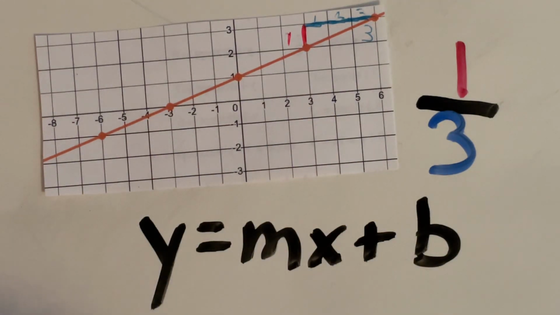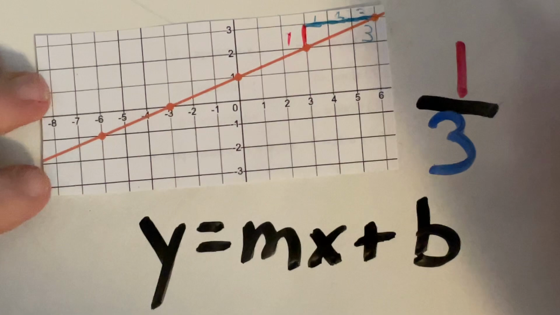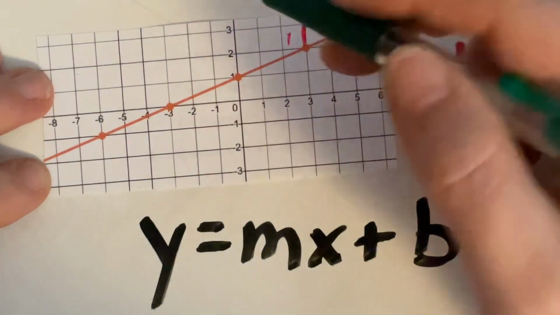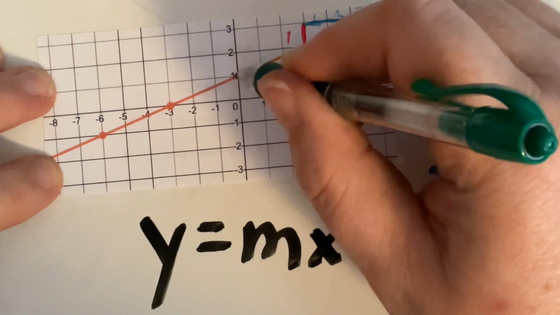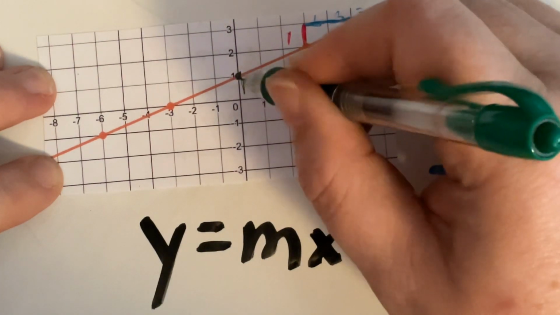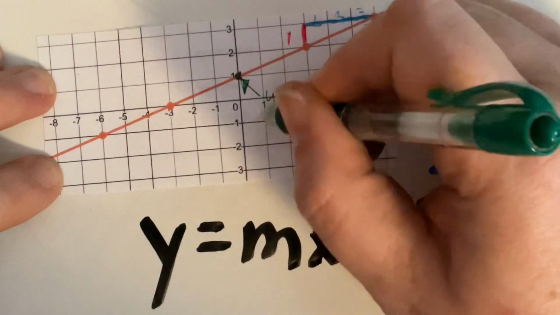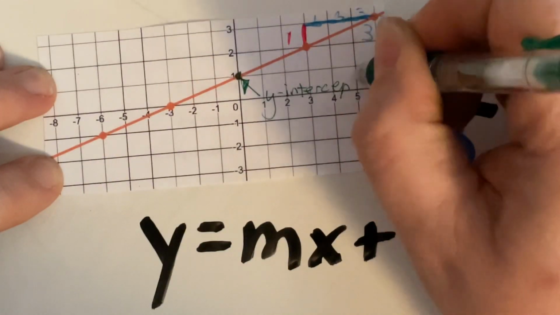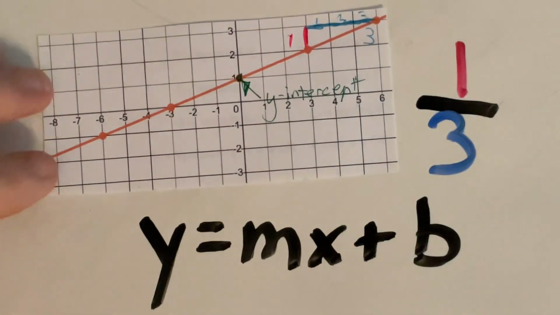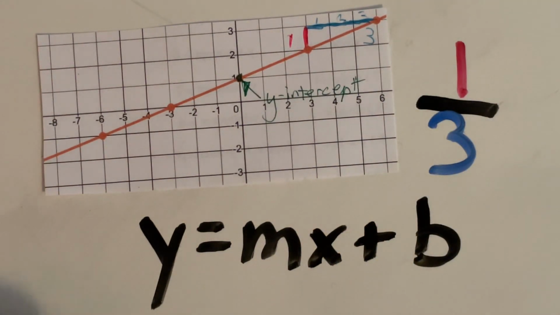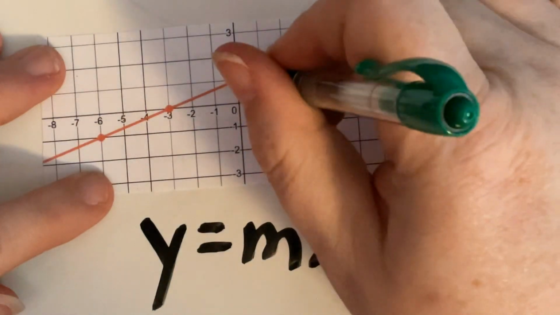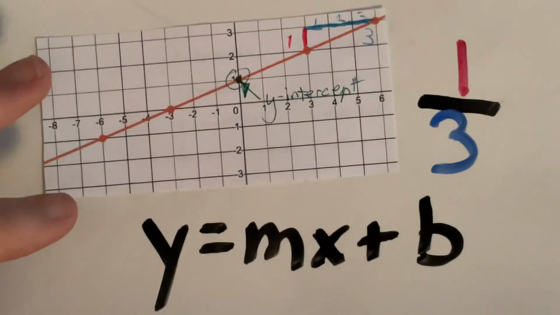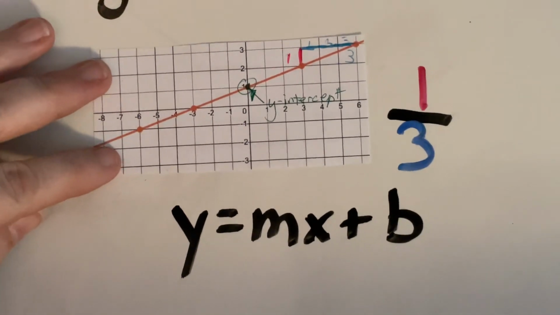All right, not going to forget my y-intercept this time. Here is my y-axis, and here is my y-intercept, right here. Okay, so what number is this, you guys? All right, let's fill in all of our information.